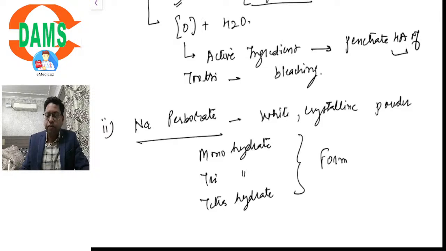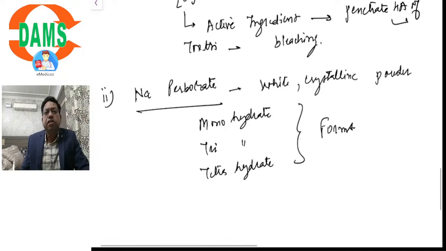These are the different forms of sodium perborate, a white crystalline powder.